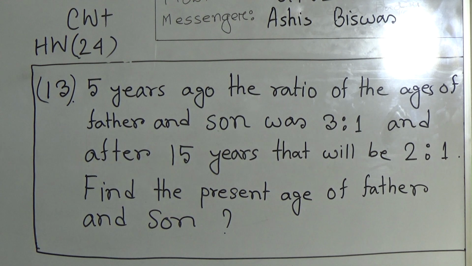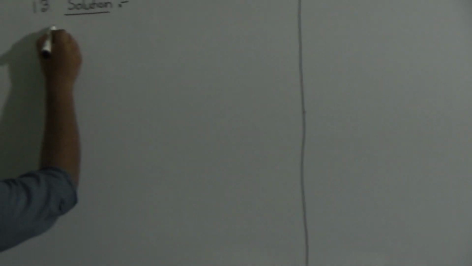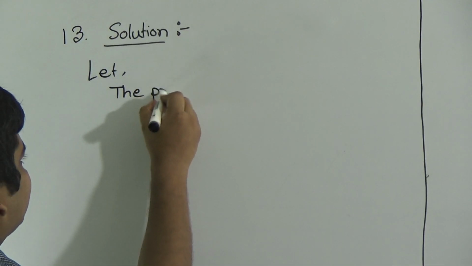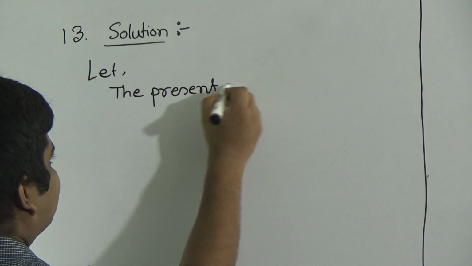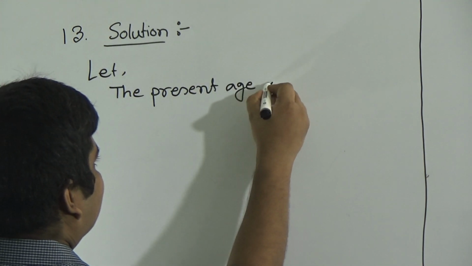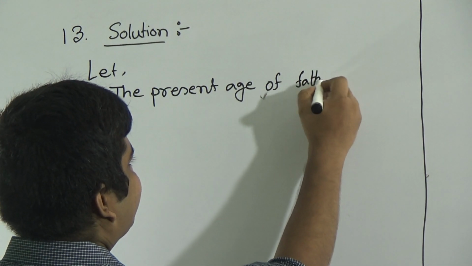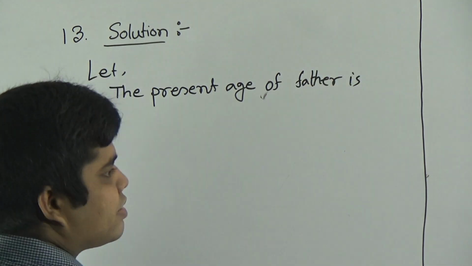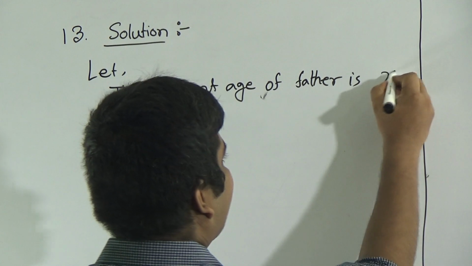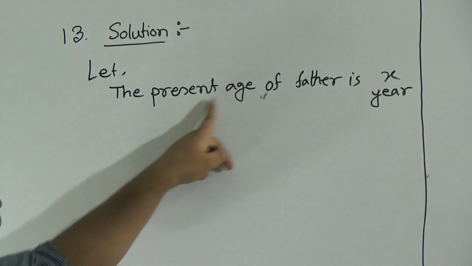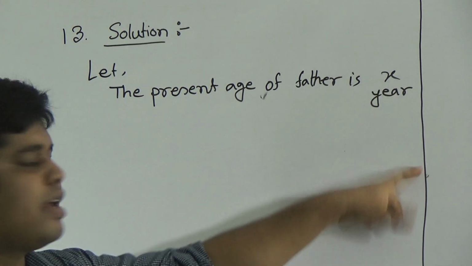So my dear students, first of all we write: let the present age of father be x year. My dear students, notice the present age of father is x year.